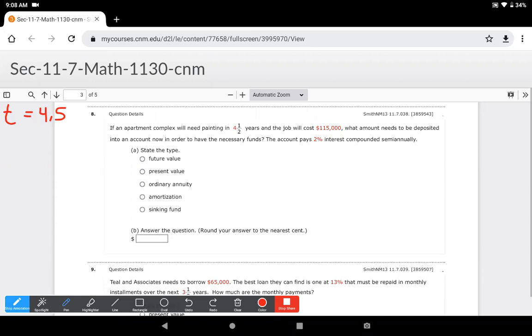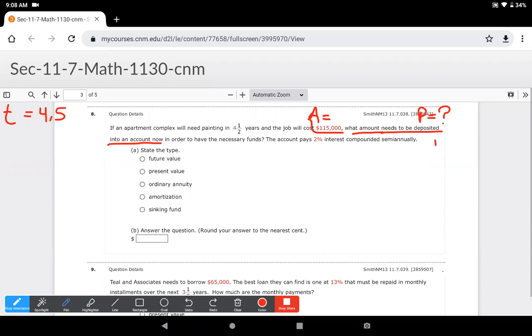What amount needs to be deposited? So how much needs to be deposited into an account now? So that's a present value. In order to have the necessary funds in the future, right? So that's an A value here.